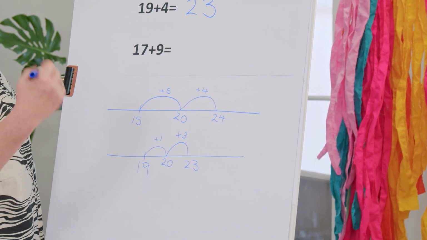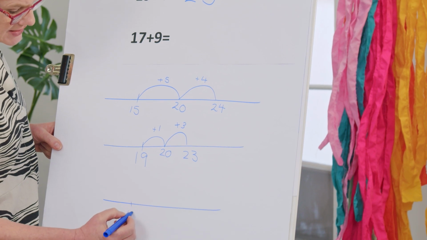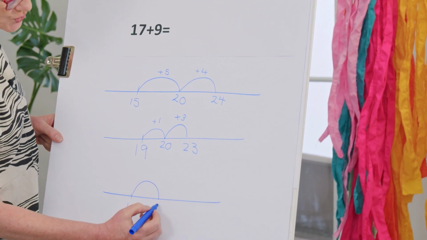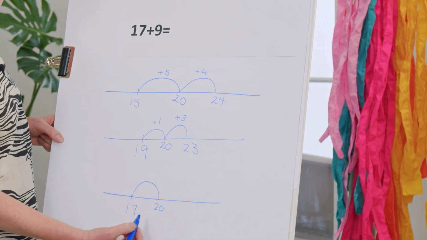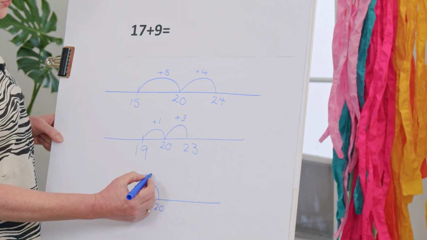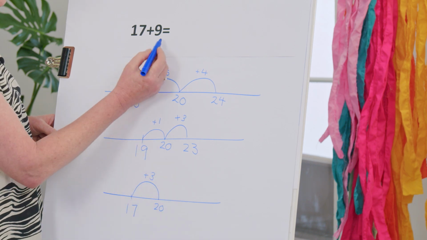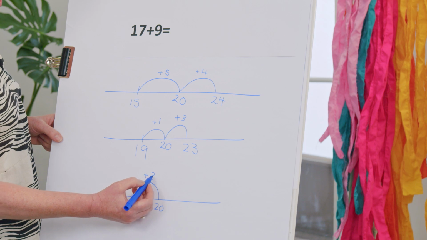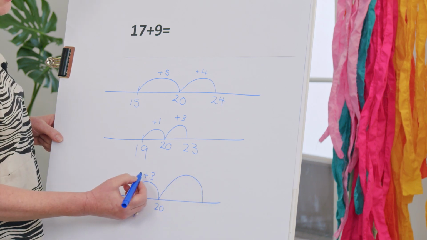Okay, and the last one, pretty sure you know what we're going to do next. We're going to jump to 20. So let's go start at 17. We're jumping to 20. What's the difference? How many more? It's 3 more. 17 add 3 is 20, but we need to add 9. So I've added 3. I need to add how many more to make a total of 9?